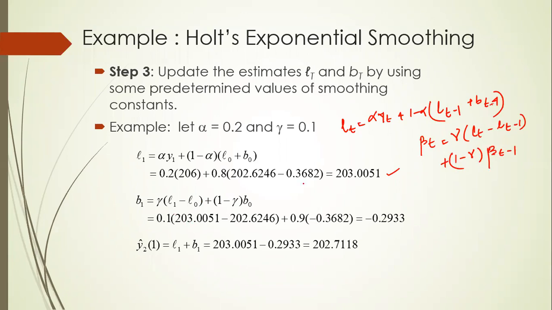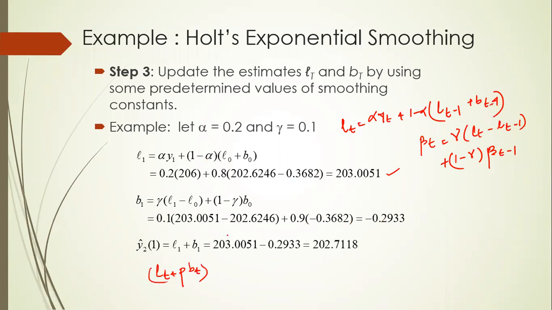We already know L1 is 203. It's calculated here. So we put that here, and L0 is something we substitute here. So this term can be computed. 1 minus gamma is 0.9 multiplied by B0, which is 0.3682. So this term can also be computed. We get a total result of 0.2933. Now, this is again Lt plus pBt, right?